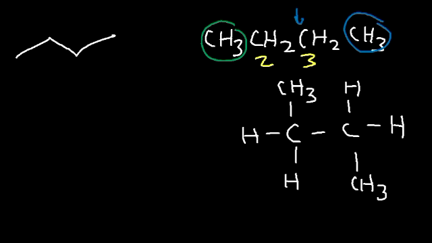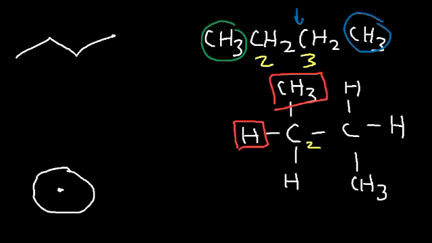So now let's draw the Newman projection. What we're going to do is draw a circle, and this dot in the center represents the second carbon, the C2 carbon. The C2 carbon has 3 groups, not including the C3 carbon. It has the methyl group, the hydrogen, and another hydrogen. So we're going to put a CH3 and 2 hydrogens.